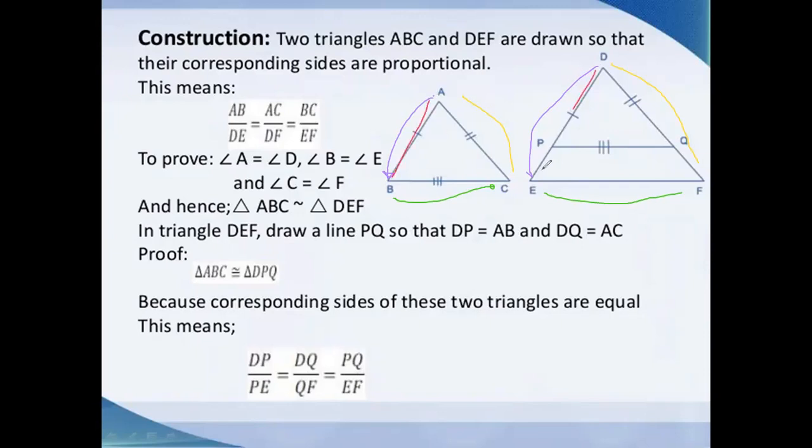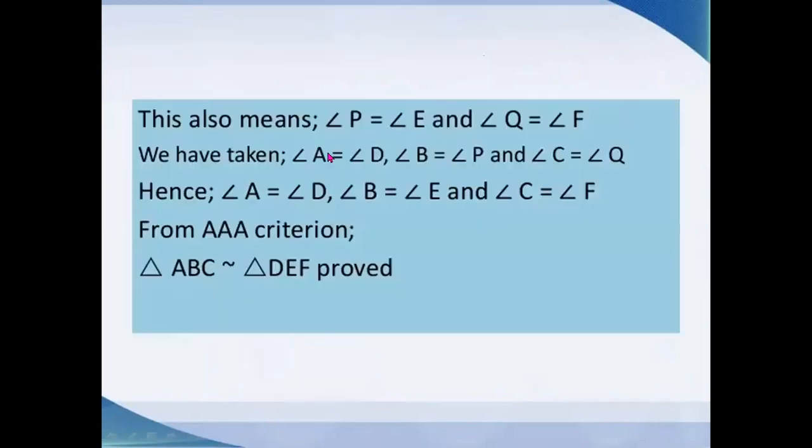AB over DE, AC over DF, the corresponding sides of the second triangle, BC also and EF, the corresponding sides of the second triangle. So if they are proportional to each other, then we can say that they are similar triangles. Again, here is the symbol for similar triangles. So that is the second test, the side, side, side test, so that we can identify if the two triangles are similar.